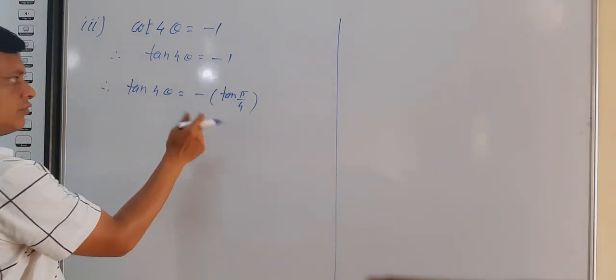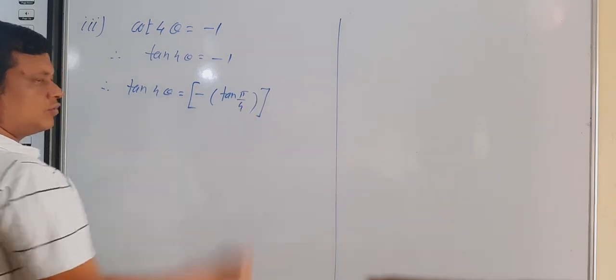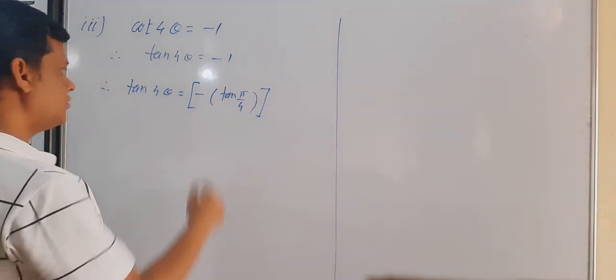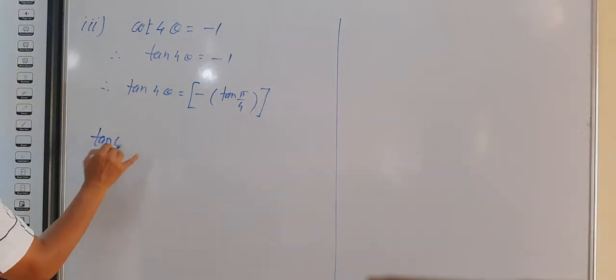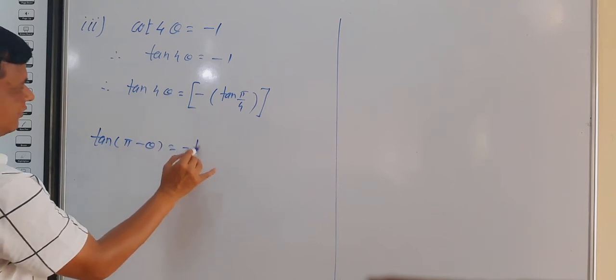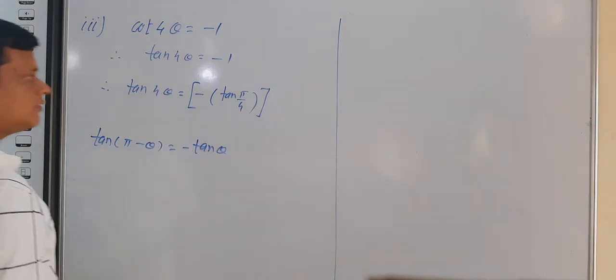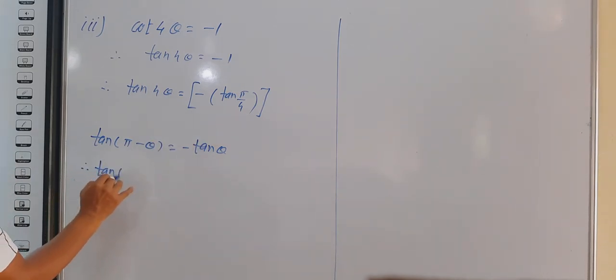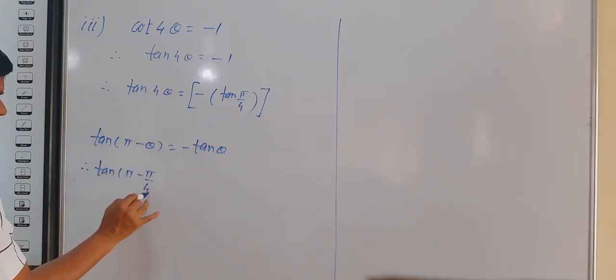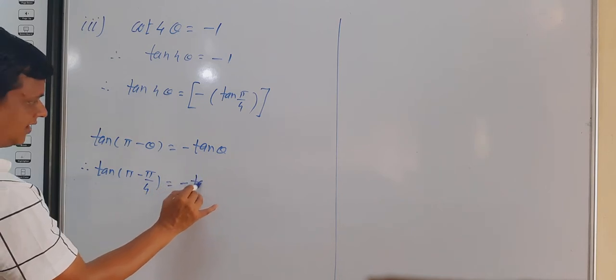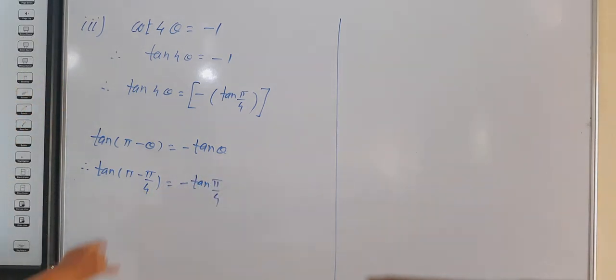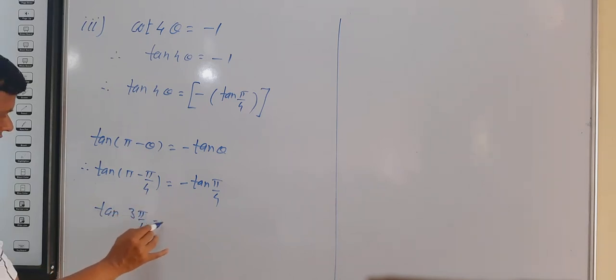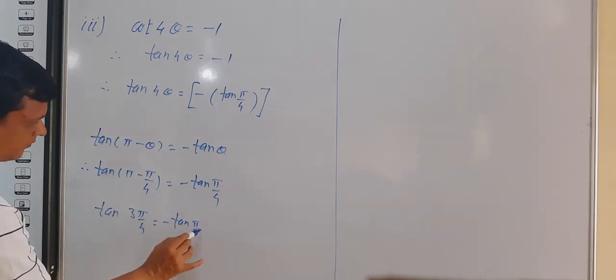Now we have to reduce this RHS to positive sign. So for that we know the formula tan of pi minus theta is equal to minus tan theta. So we replace this theta by pi by 4. Therefore tan of pi minus pi by 4 is equal to minus tan pi by 4. That means tan 3 pi by 4 is equal to minus tan pi by 4.